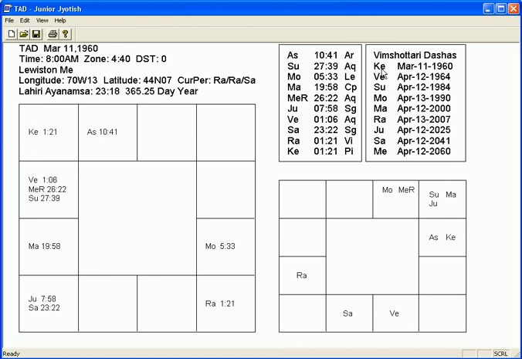Now, this is her Vimshottari Dasha progression chart, which is the cycle that she is going through in her life in order for her to fulfill her mission in life. We can see that she just started a major Rahu period as well. So Rahu is very, very important in her life, and of course Rahu has a period of 18 years.